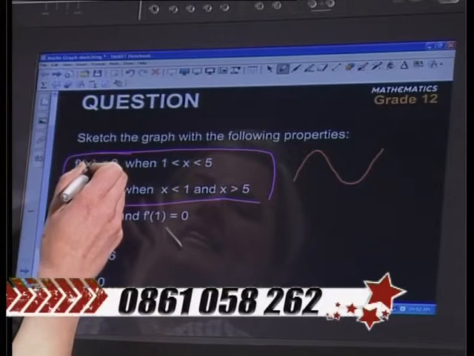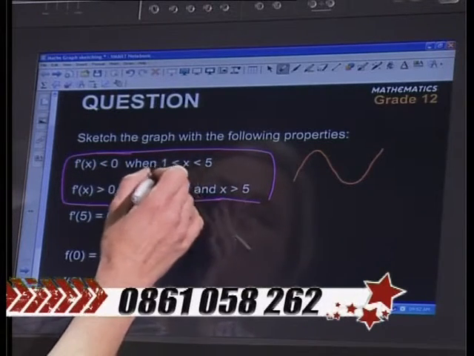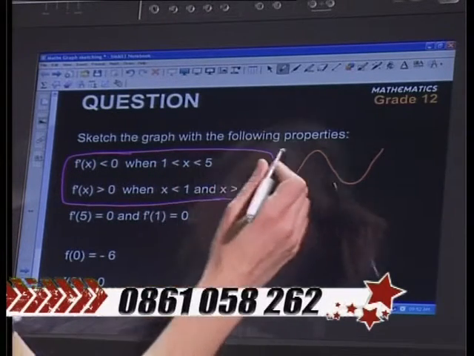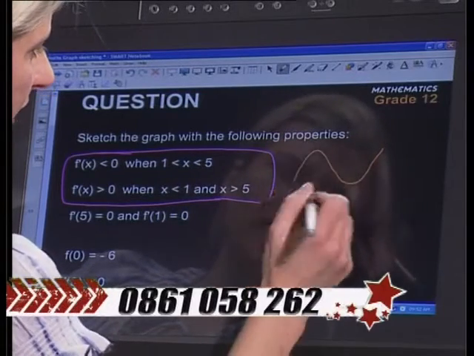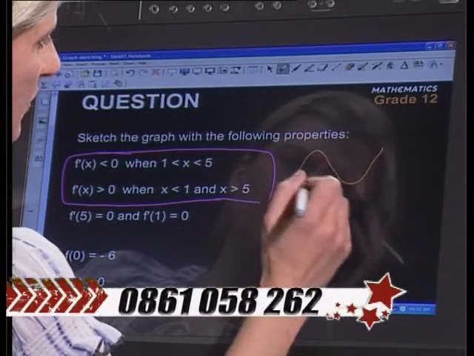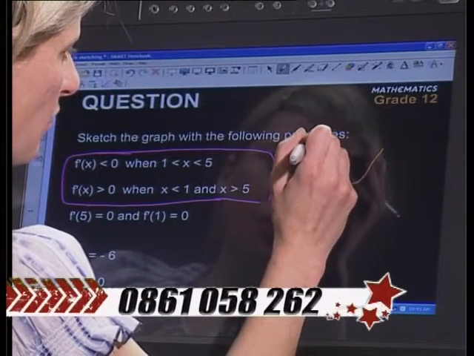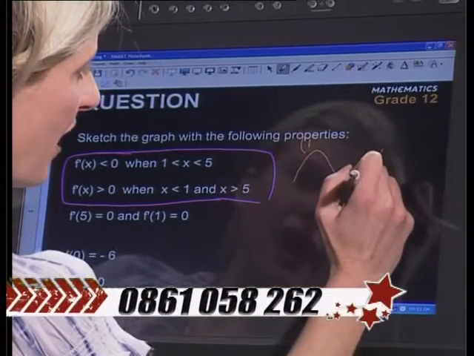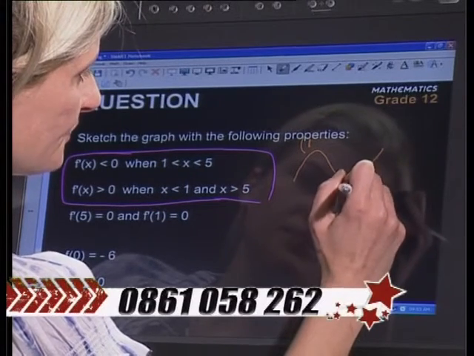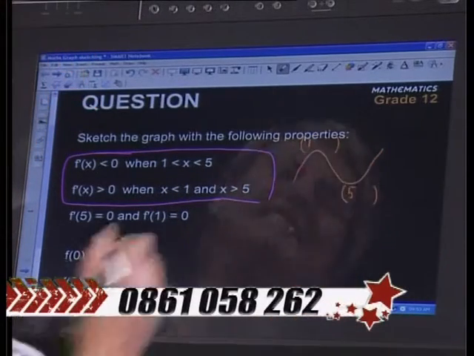Okay, so, Winty, the question says, f dash x is less than 0 when x is greater than 1 and less than 5. So basically it means that between 1 and 5 on the x-axis, my graph is going downhill.